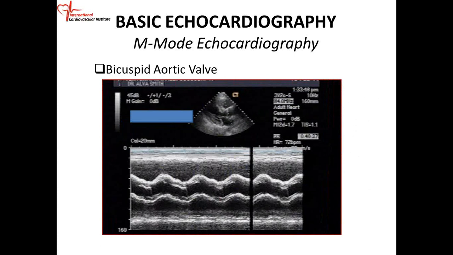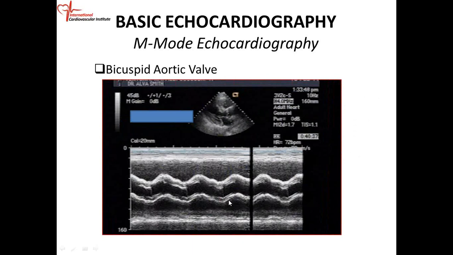Again, okay, so this is a bicuspid aortic valve. So again, the structures: your cursor is right there. You encounter the chest wall, the pericardium, the RV wall, RV cavity, and then this is the wall of the aorta. You can see the wall of the aorta is thickened, okay?